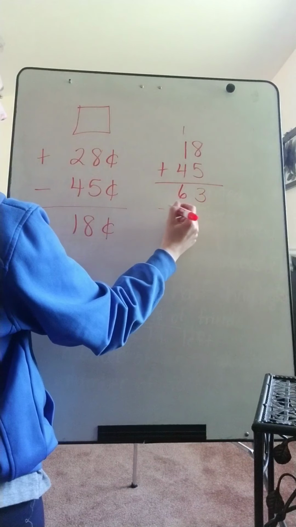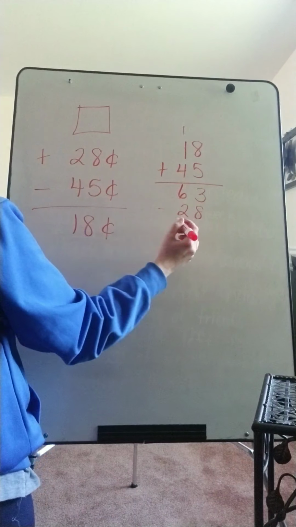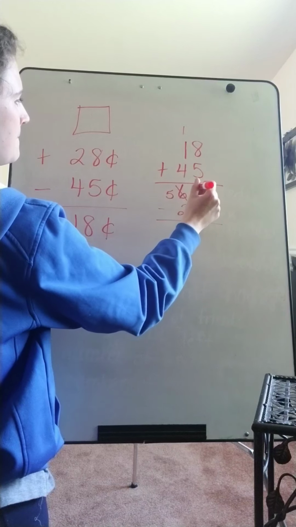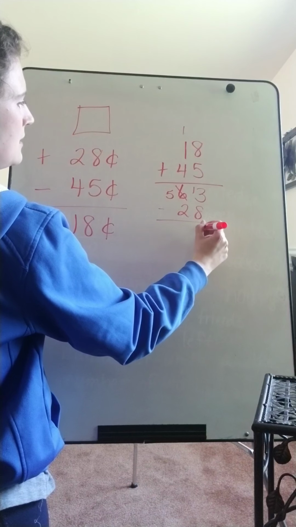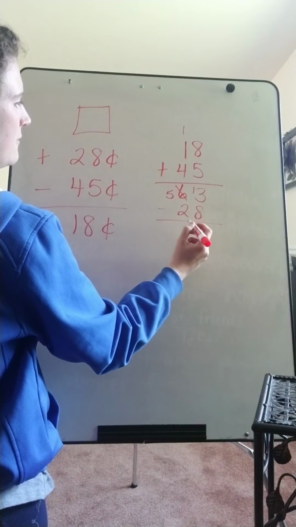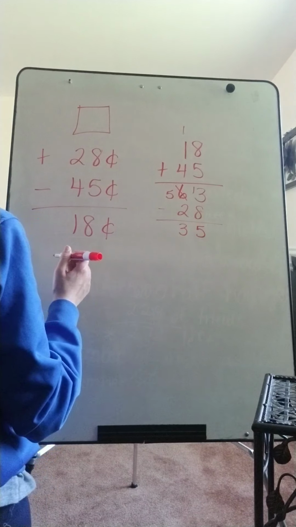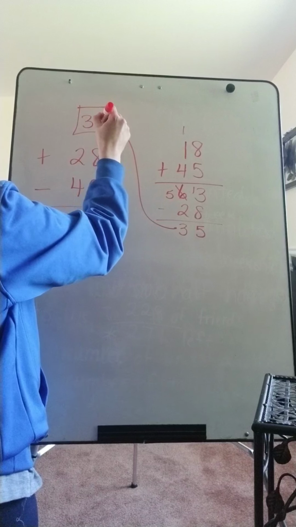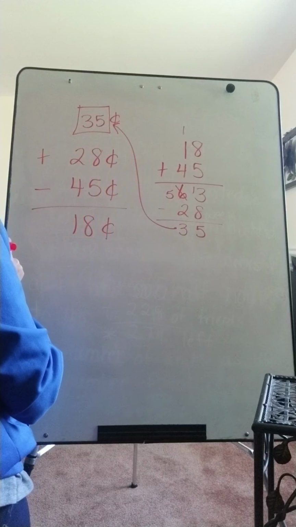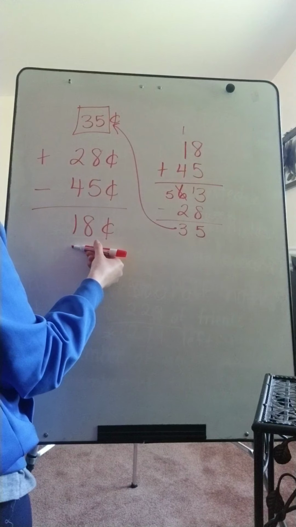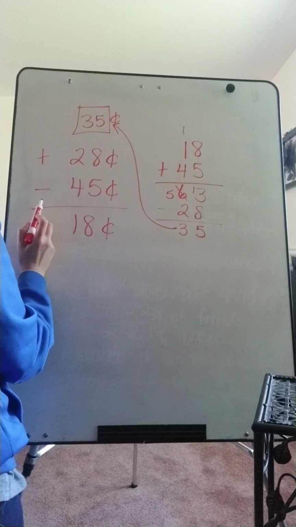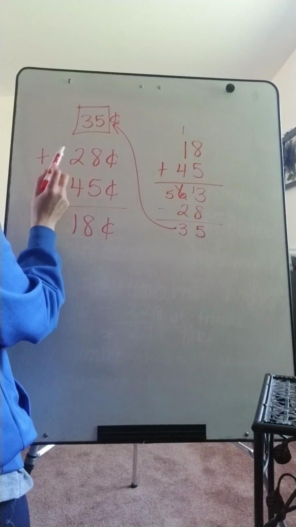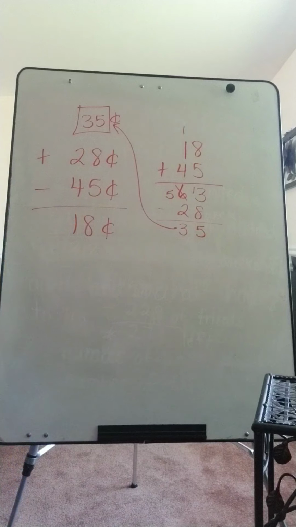Then we're going to subtract the 28 because we're doing the opposite of the signs. So 13 minus 8, 5. 5 minus 2 is 3. So he had 35 cents to start with. Okay, so we just started at the end and worked backwards. So we had to do the opposite of the signs to get the beginning number.